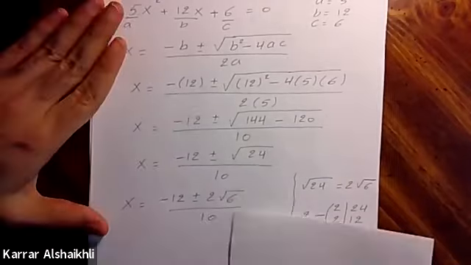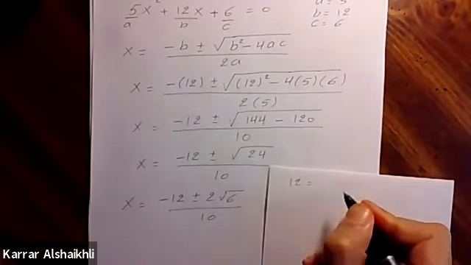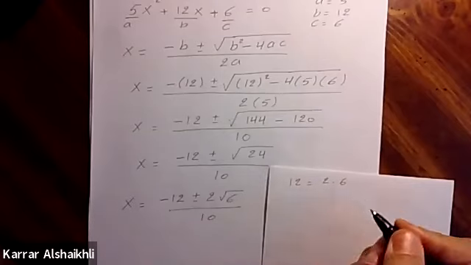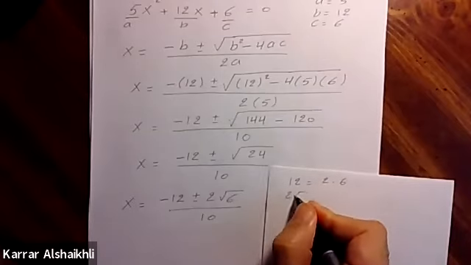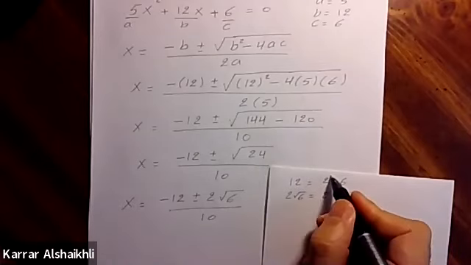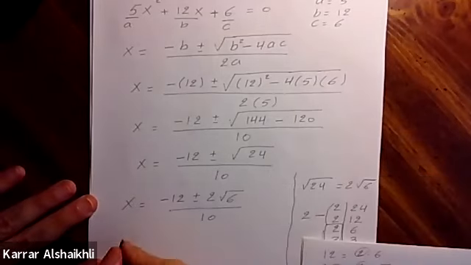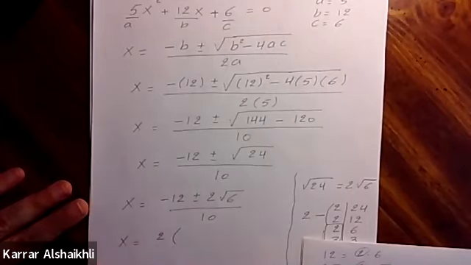The common factor is 2, because 12 is 2 times 6, and 2 square root of 6 is 2 times square root of 6. So I'm going to take 2 out, open parentheses.